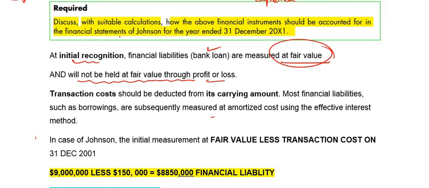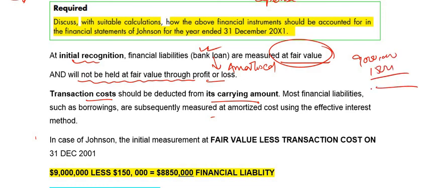But if the financial liability like this loan will not be held at fair value, then normally we must subsequently measure it at amortized cost. If we measure this at amortized cost, then the transaction cost will be deducted from its carrying amount. I mean this amount less this amount, then we will have some amount, and that will be the net proceeds, which we will use in the amortized cost table.